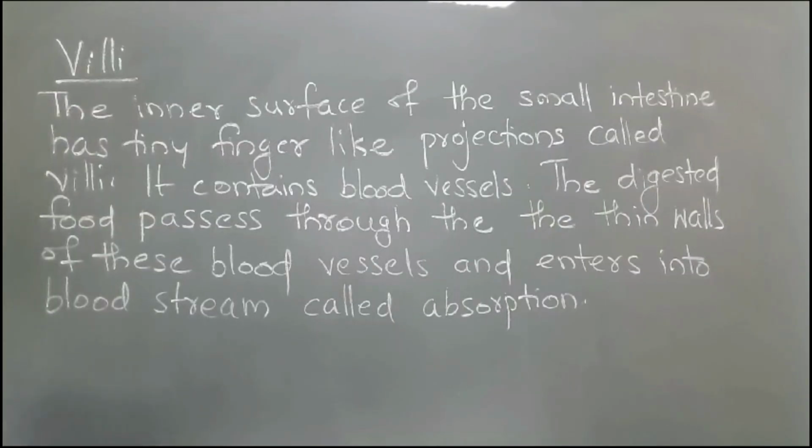Digestion completes in the small intestine. Food remains in the small intestine for 3 to 4 hours for digestion and absorption. The inner surface of the small intestine has tiny finger-like projections called villi.